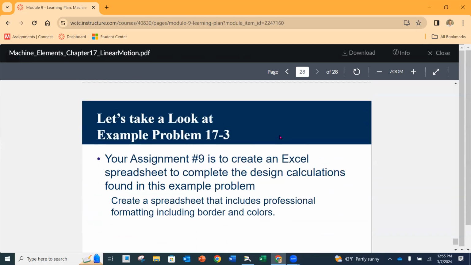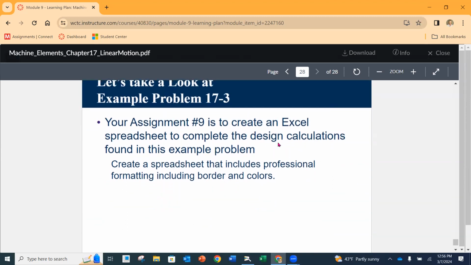So our last example is going to be example 17.3. Here too, you're going to create a second spreadsheet, but this one is for sizing a ball screw. You'll be looking back at that original application, going through the same process, and doing some comparisons with torque and efficiencies to see how it compares to the lead screw.